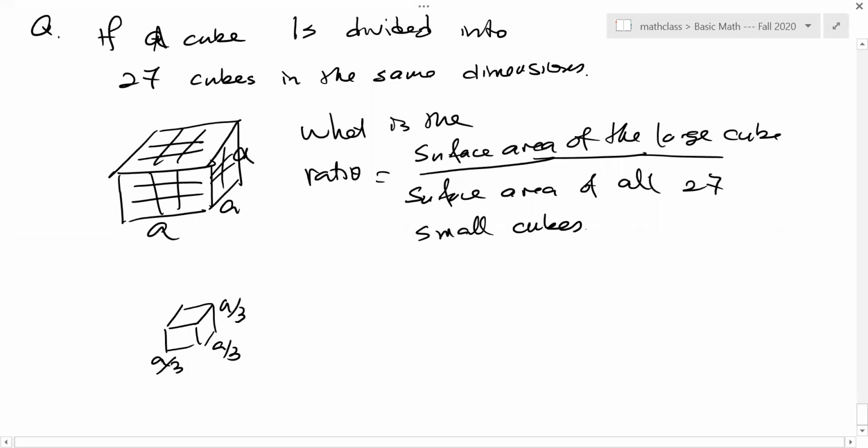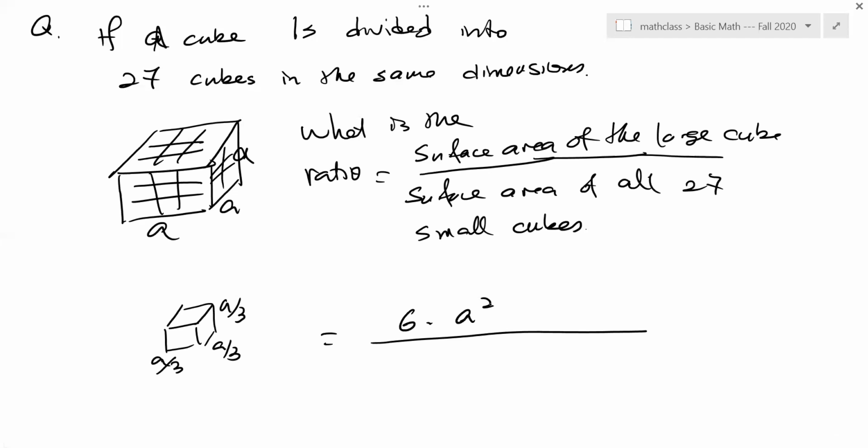Some of you already have an answer. Let's do it. The surface area is 6a squared, that's the surface area of the larger cube.